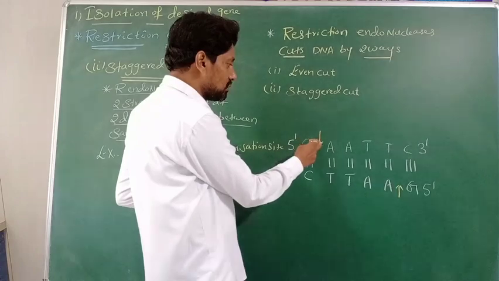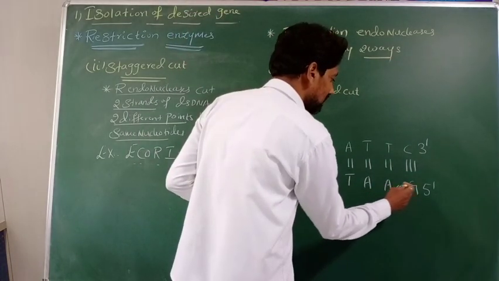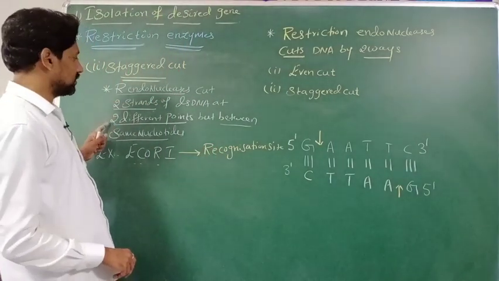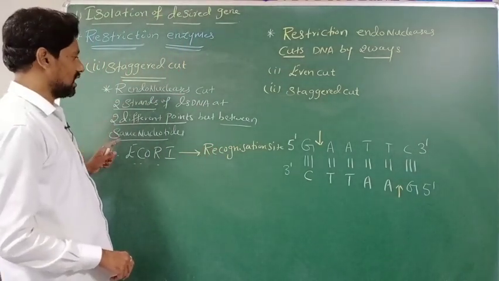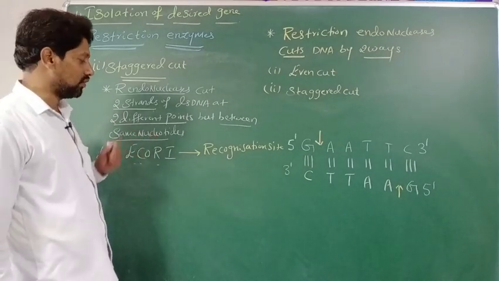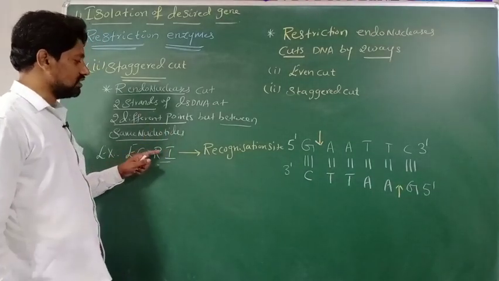Here the cut is made between G and A. Here also the cut is made between G and A. Between the same nucleotides. Now you tell me, what is the recognition site for EcoRI?